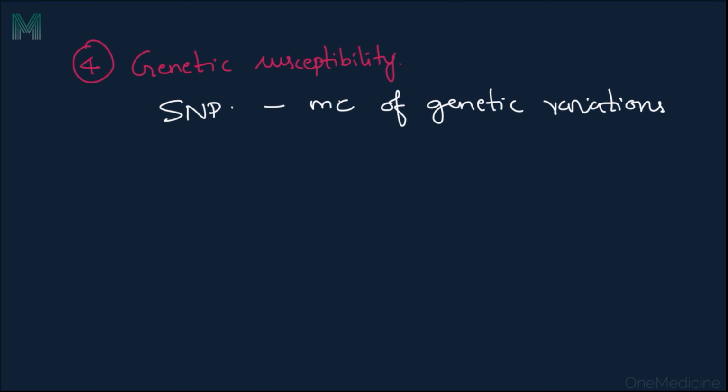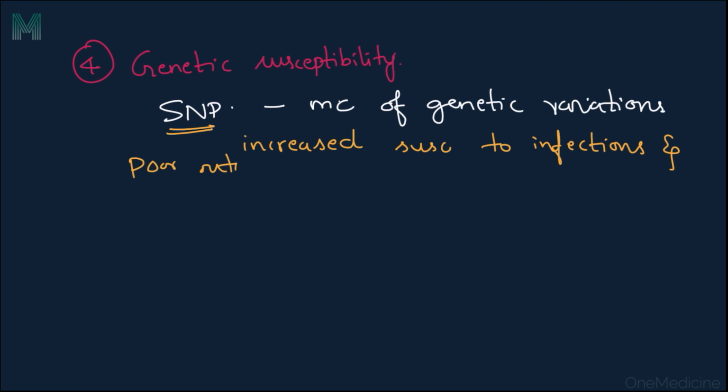There are various genetic variations, such as SNPs or single nucleotide polymorphisms, that are associated with an increased susceptibility to infection and poor outcomes. Such SNP variations are very much noted in patients who are much more prone to develop sepsis over others.